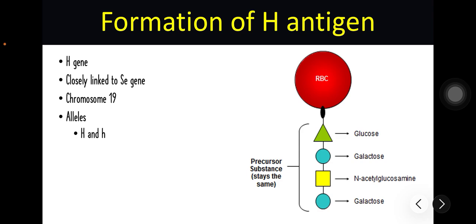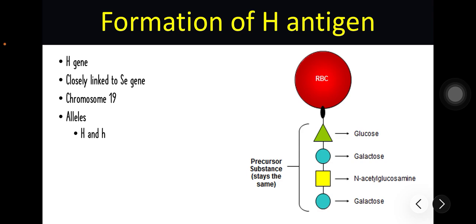The formation of the H antigen is a critical biochemical process because it serves as the essential building block, or precursor, upon which the A and B blood group antigens are constructed. The production of the H antigen is controlled by the H gene, also known as FUT1, which is located on chromosome 19.